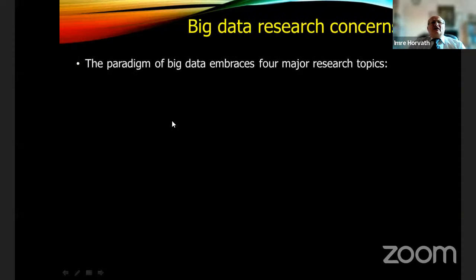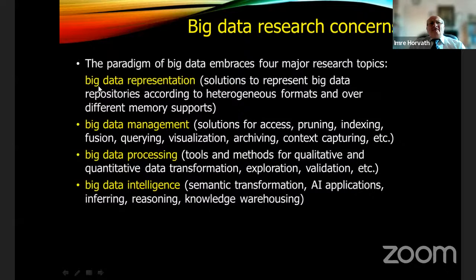So the major issues for big data research are to cover big data representation issues, to find solutions to represent big data repositories according to heterogeneous formats and over different memory support; big data management, with solutions for access, pruning, indexing, fusion, querying, visualization, archiving, context capturing, and so on. Then big data processing tools and methods for qualitative and quantitative data transformation, exploration, and validation.